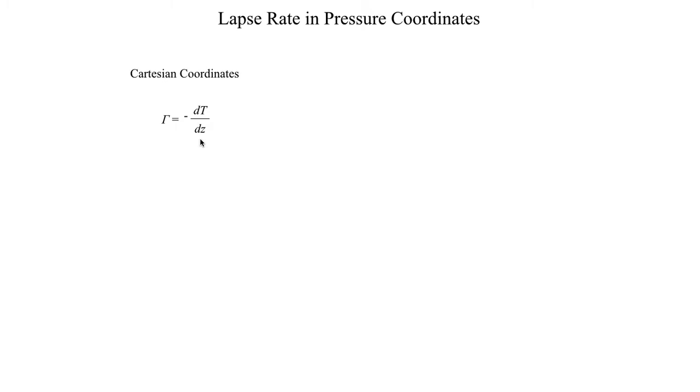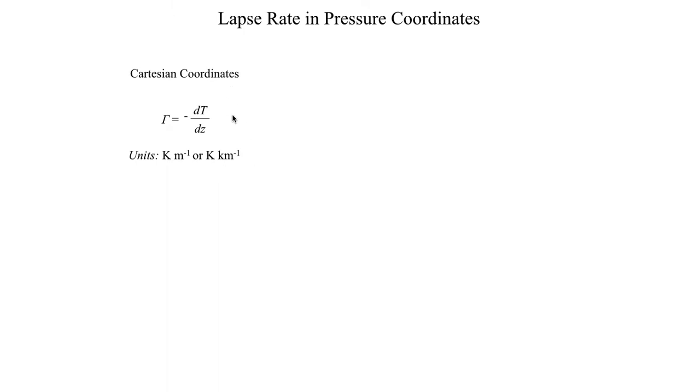The units for the standard Cartesian lapse rate are temperature in the numerator and some sort of distance in the denominator. So the lapse rate is going to be kelvins per meter, or what's more often used in operational meteorology, kelvins per kilometer. dT/dz, just this quantity, is going to be in units of kelvins per meter and kelvins per kilometer.